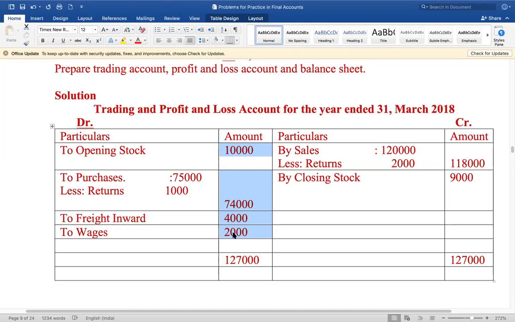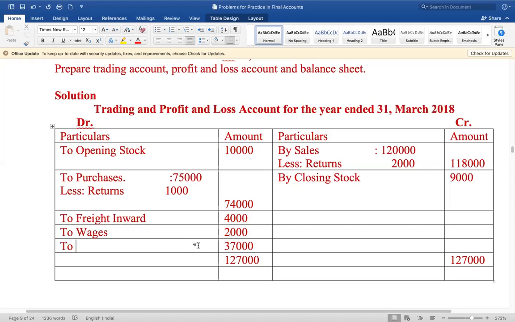Quickly, you have to use the calculators, please. 37,000 is the balancing figure.